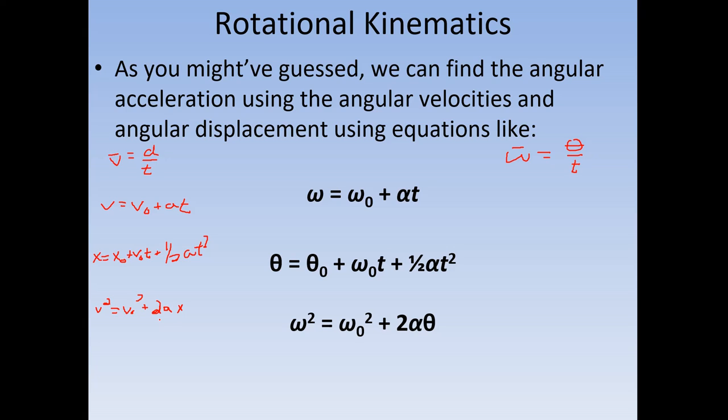Figure out what equation you would use, and then just rewrite the equation with the angular terms in place. If you do that, you'll pretty much always get the angular equation right. Now, there are some cases where that doesn't work all the time, but it is a very useful tool for you, especially since one of the issues that people are going to have in this unit is having to balance a lot of the equations.